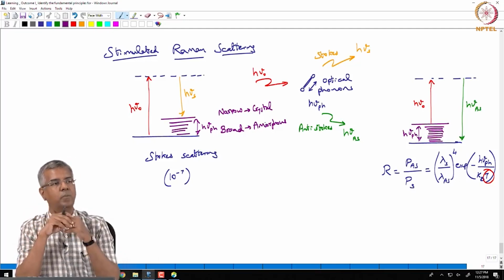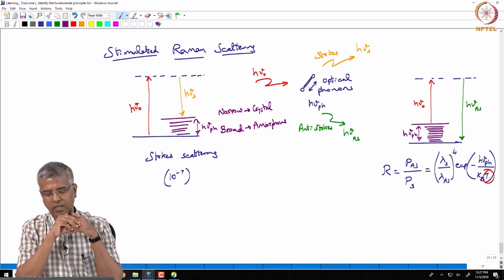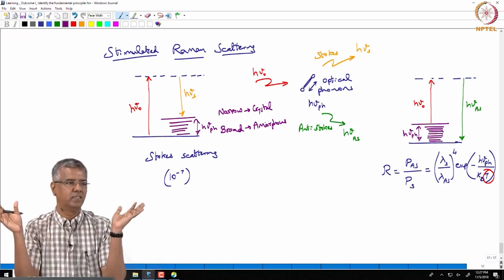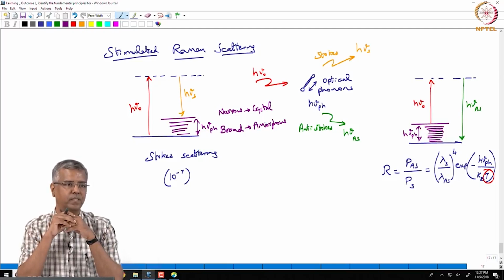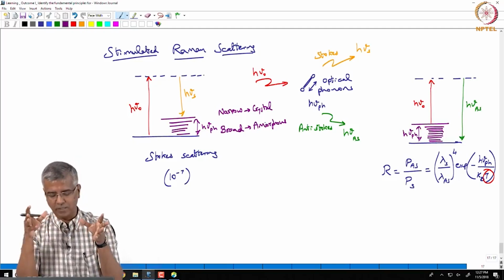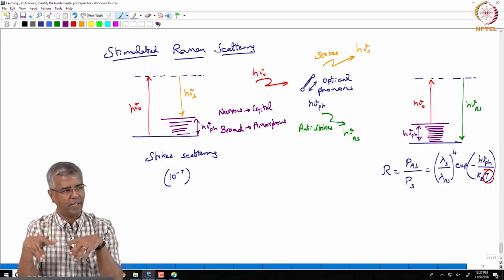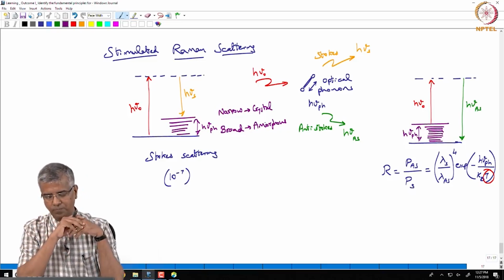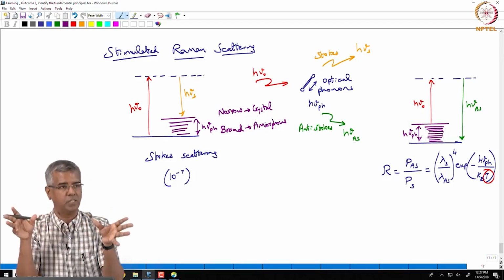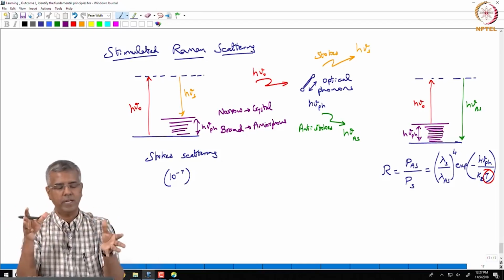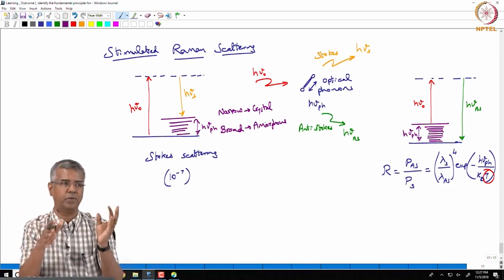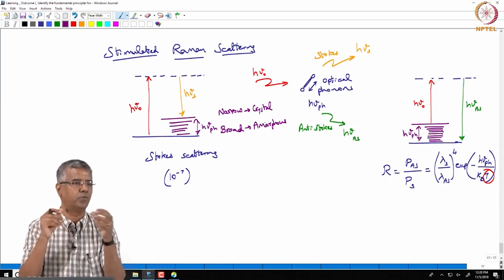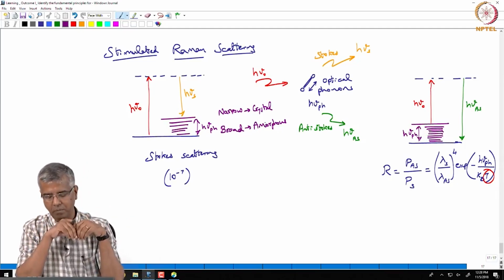You illuminate with one frequency of light and then you look at the scattered light spectrum, and from the scattered light spectrum you can tell things like the phonon energy spectrum, and from the phonon energy spectrum you can actually classify all these different types of phonons that are present in the medium.